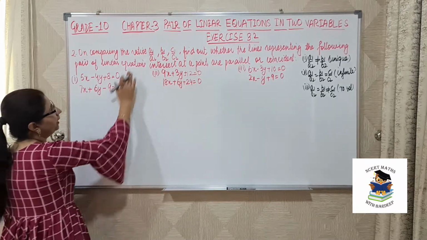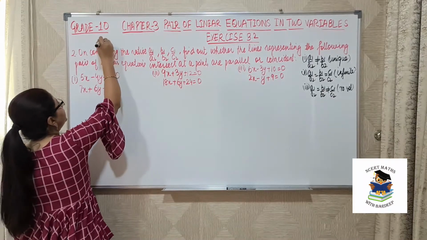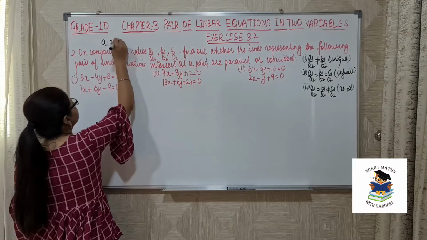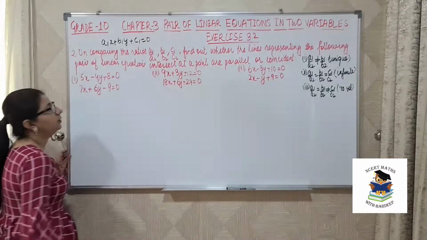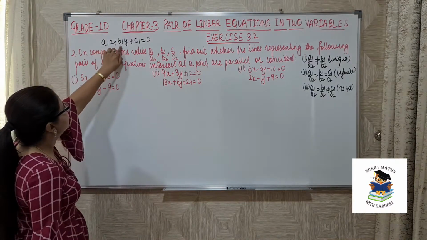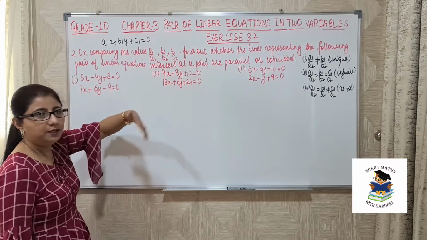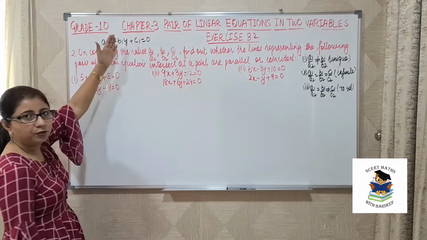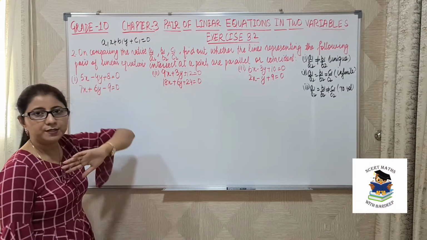So we need to find a1 by a2. The general format of any equation is a1x plus b1y plus c1 is equal to 0. Means a1 is the coefficient of x, b1 is the coefficient of y and c1 is the constant. Similarly, a2 will be the coefficient of x, b2 the coefficient of y and c2 the constant term.